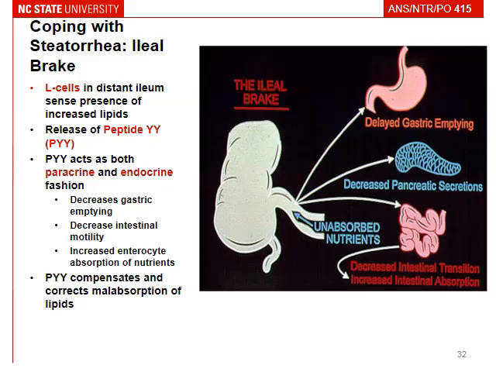So PYY is the main thing that is compensating for and correcting malabsorption of lipids, because it's seeing all this fat. If you remember, those cells have little microvilli with receptors. They're going to pick up or notice that fat, and that signals the release of PYY.